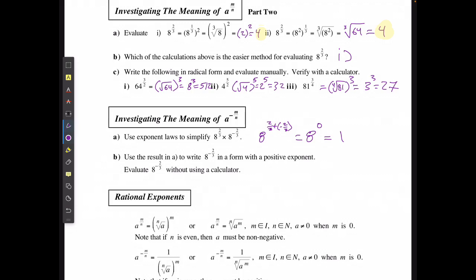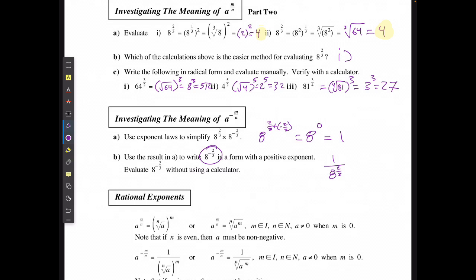If I'm canceling out and wind up with 1, then if I took a to the negative 2 over 3 and wrote it with a positive exponent, then that would be the same as 1 over a to the 2 over 3.